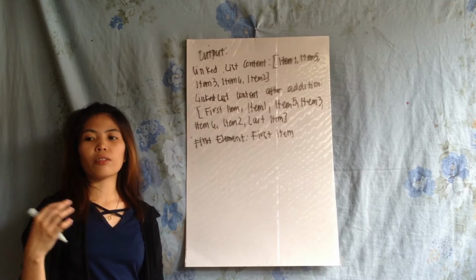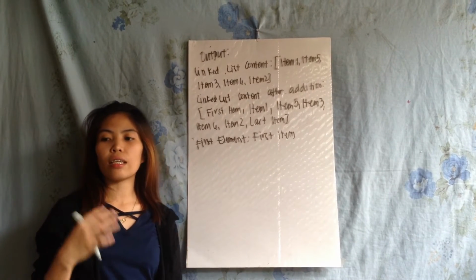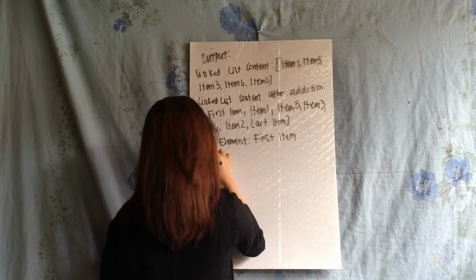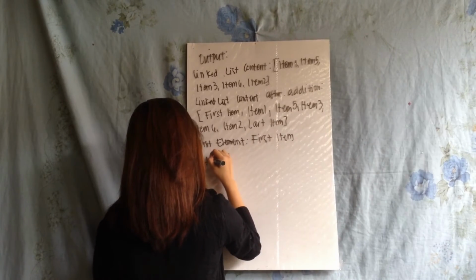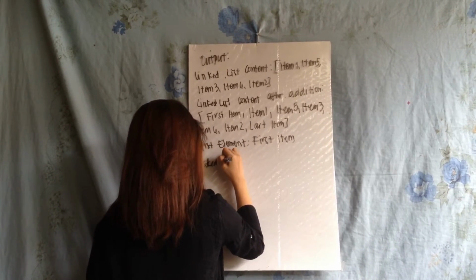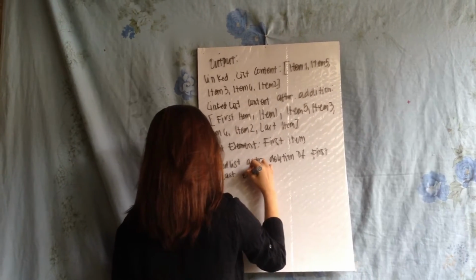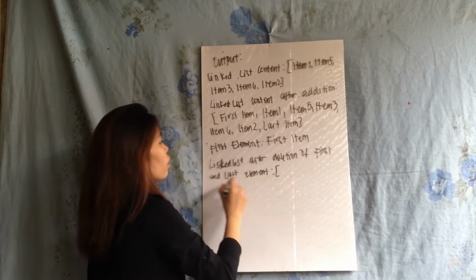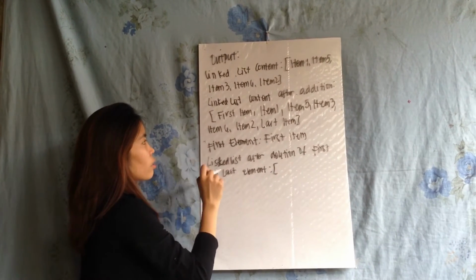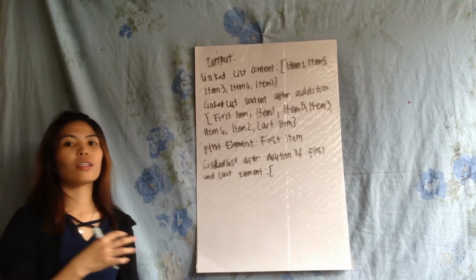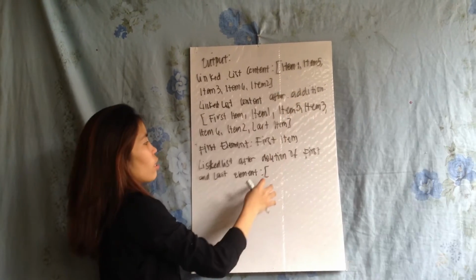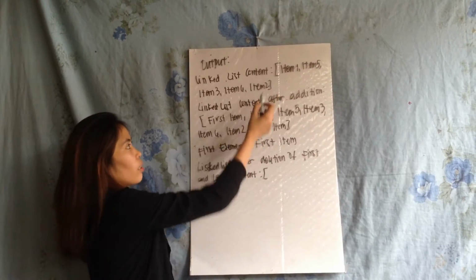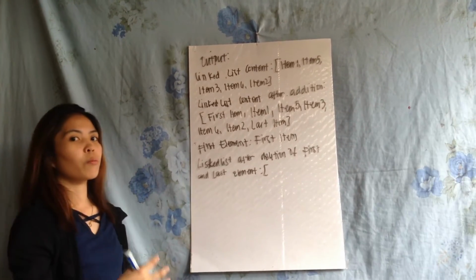Tapos dun sa System.out.println na ginamit natin kanina, dun sa linked list after deletion ng element natin, ang output na is ito. Dito yun sa ginamit natin kanina ng System.out.print, sabi ko nga din is ipapakita lang natin yung nandito kasi bago tayo mag-delete, gusto kong i-display yung element na nandun sa linked list natin kanina bago tayo mag-remove ng isang element.